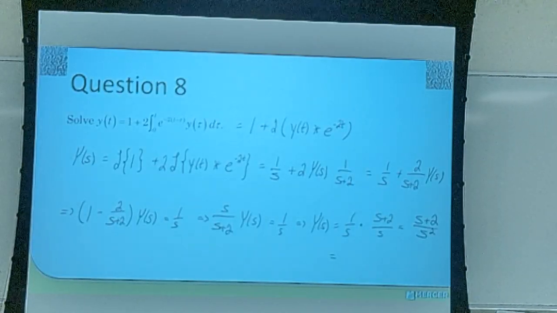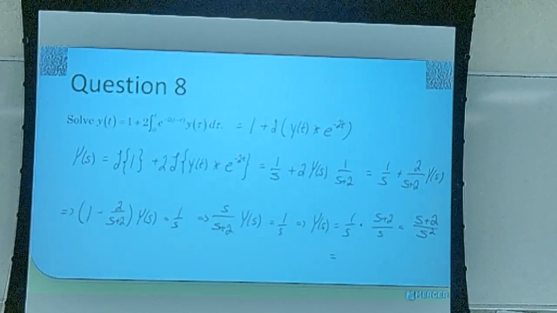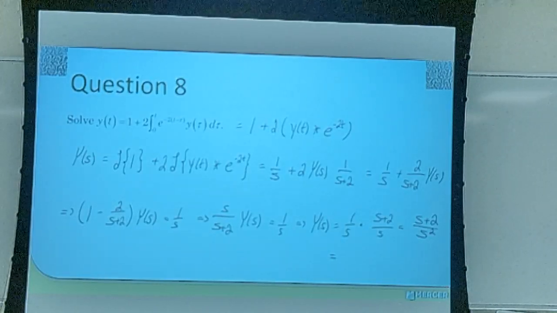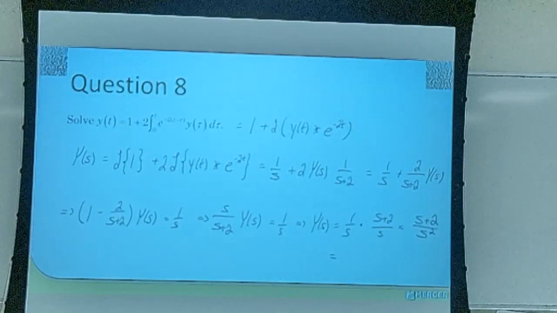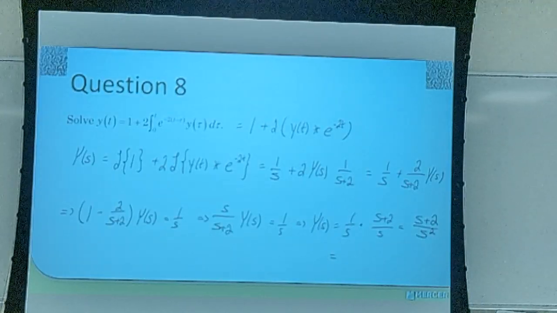Ten points off your final grade just for that. 1 over s plus 2 over s squared. Makes me sad that you need your calculator for that. Sorry. Just a single denominator, isn't it? It's a monomial. So isn't that just simply s over s squared plus 2 over s squared? And then simplify from there.